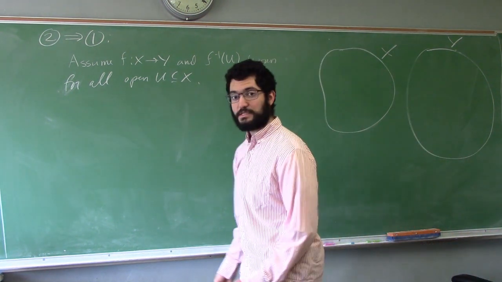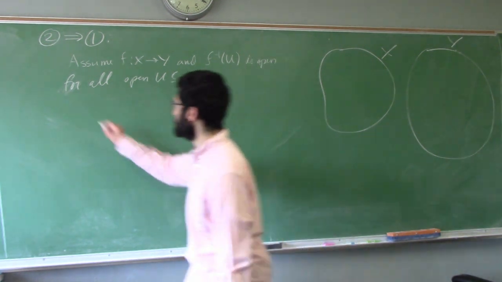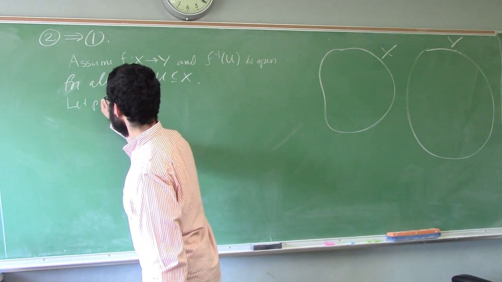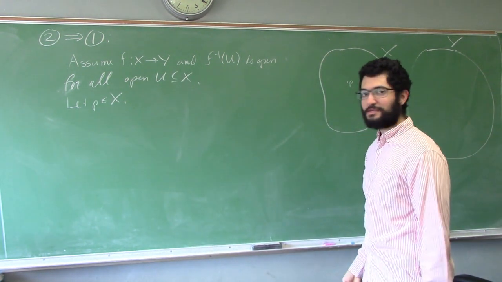So to prove f is continuous on X, I must prove f is continuous at every point of X. So let P be a point in X. So let's say P is here.